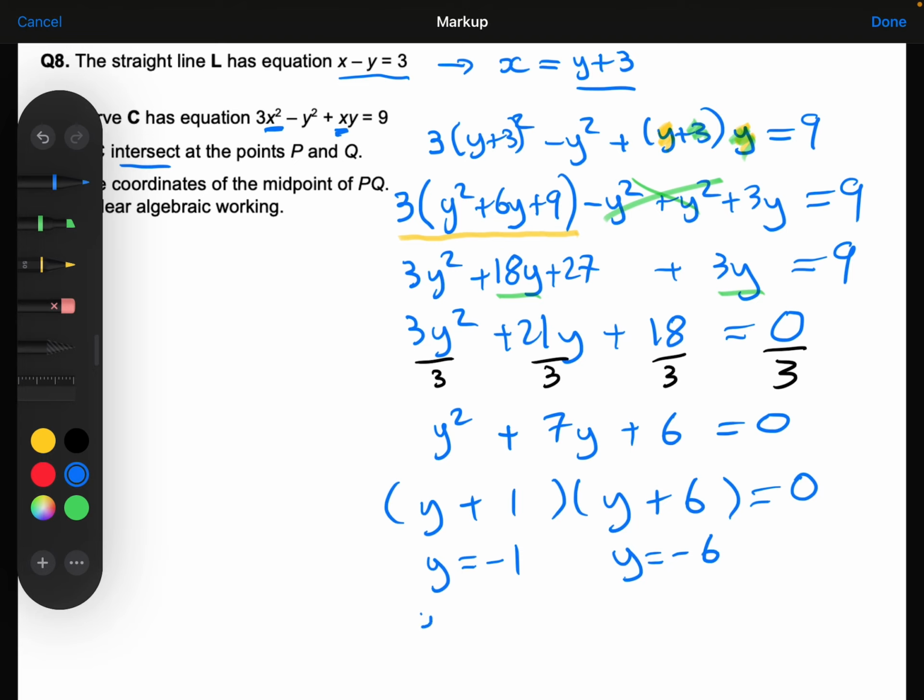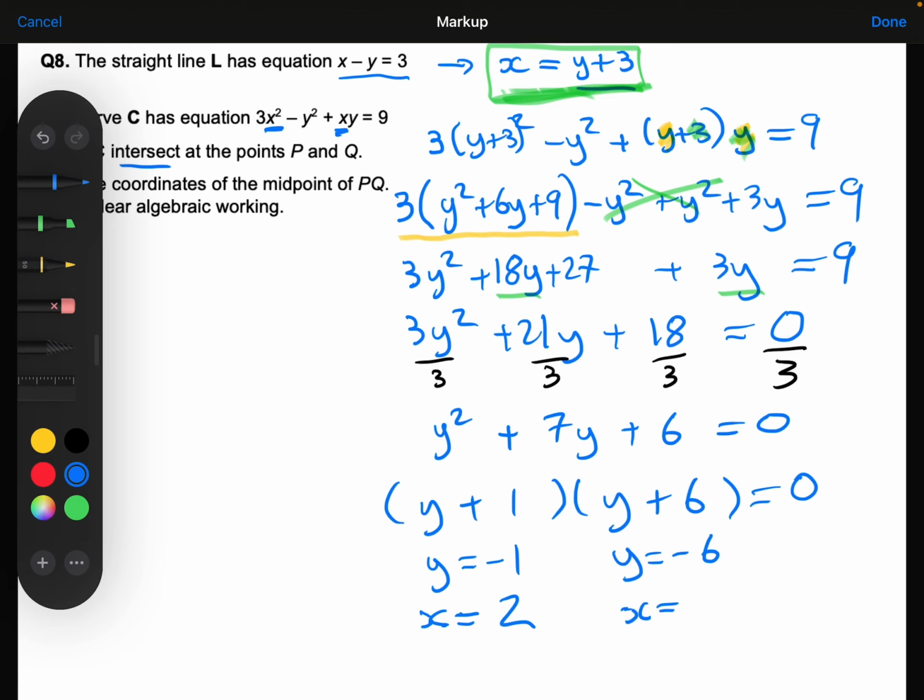So those are the y coordinates of P and Q. Let me now get the x coordinates. And I'm going to get those by substituting into this rearranged version of the original equation there. So if the y is minus 1, minus 1 plus 3 is 2.